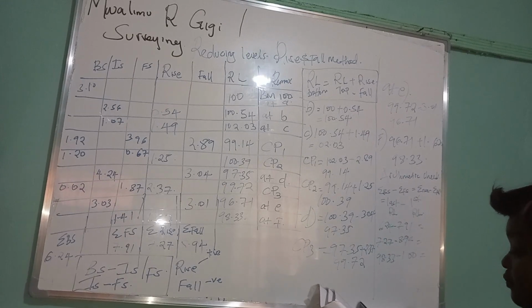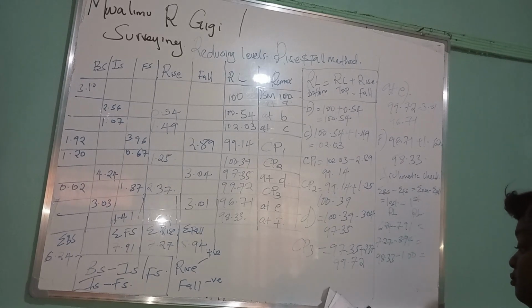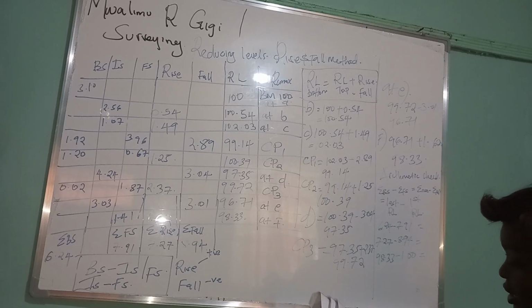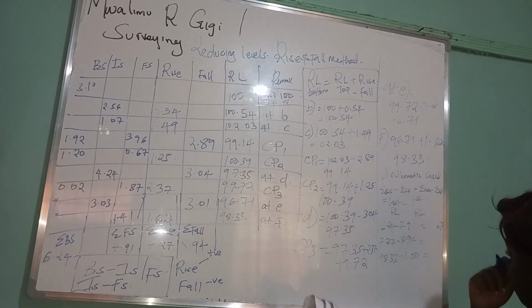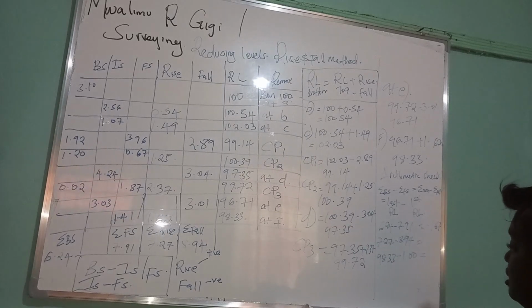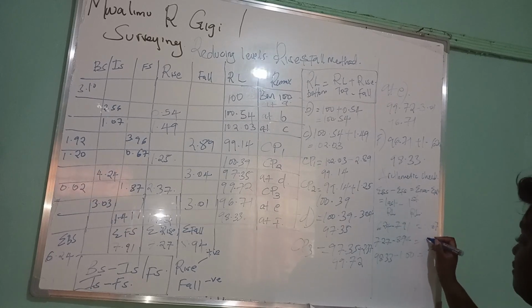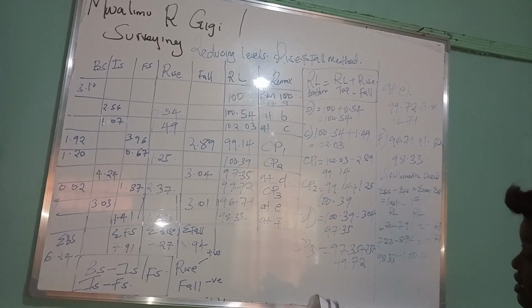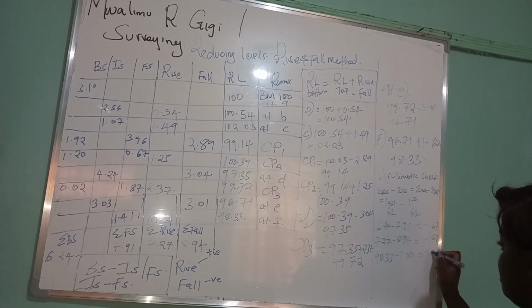So 6.24 minus 7.91 is negative 1.67, and 7.27 minus 8.94 is negative 1.67, and lastly 98.33 minus 100 gives us negative 1.67.